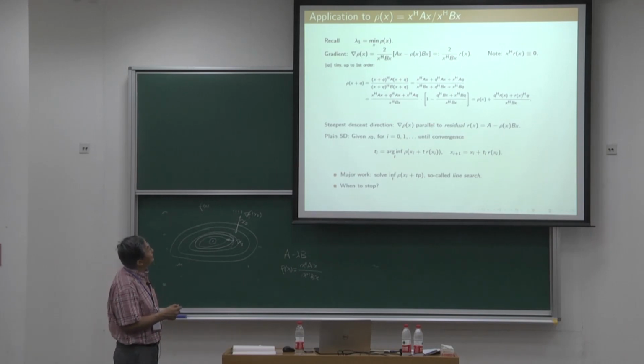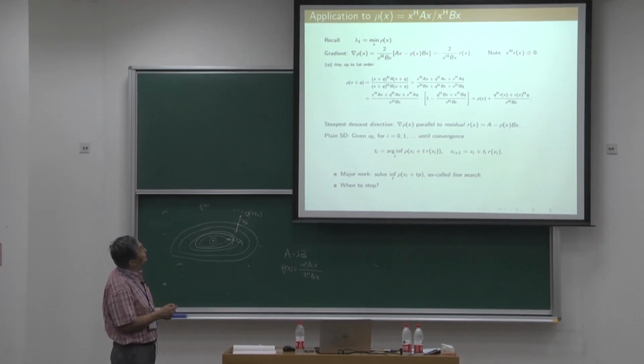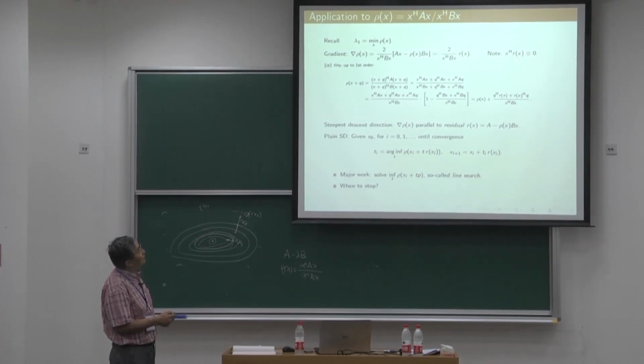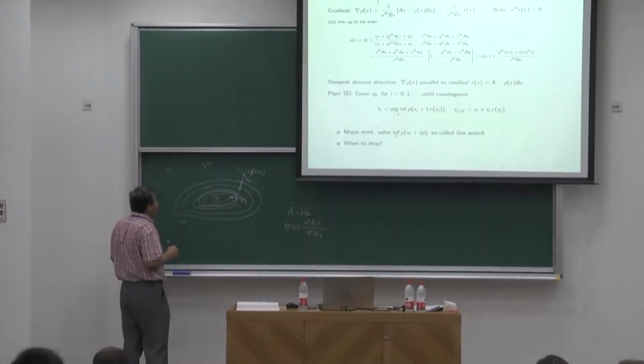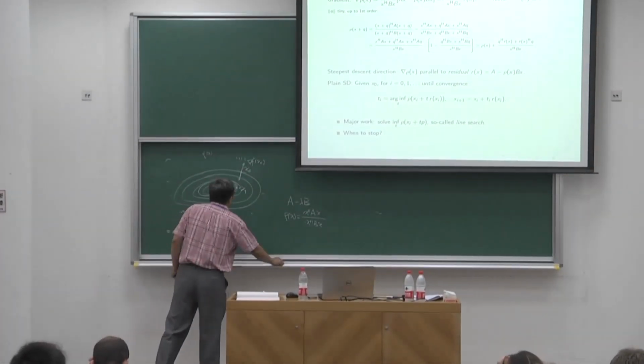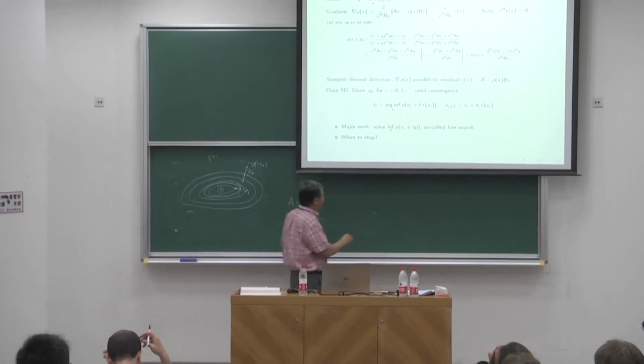Rho x is the Rayleigh quotient. One important property is that this residual r of x is orthogonal to x. That can be easily verified.